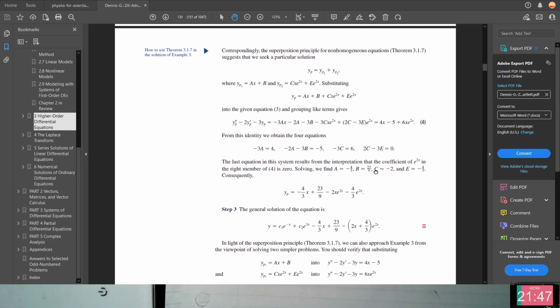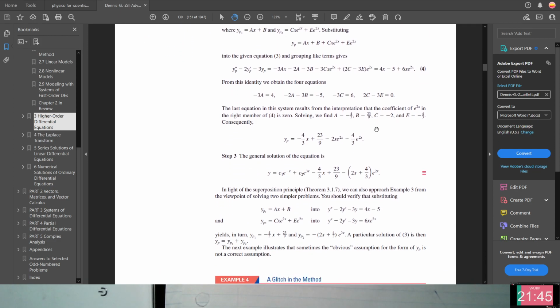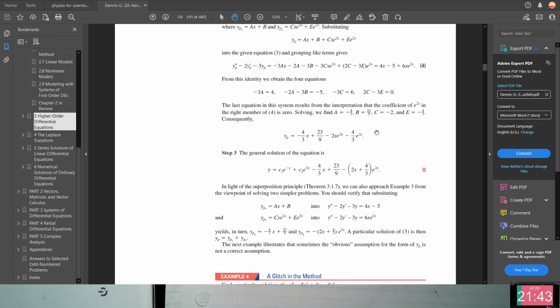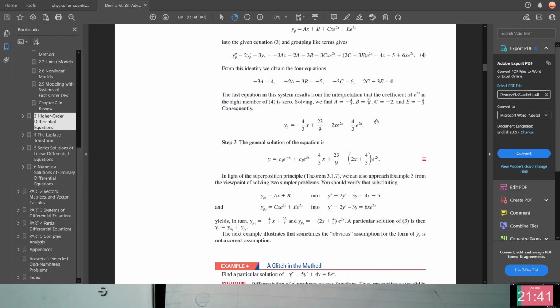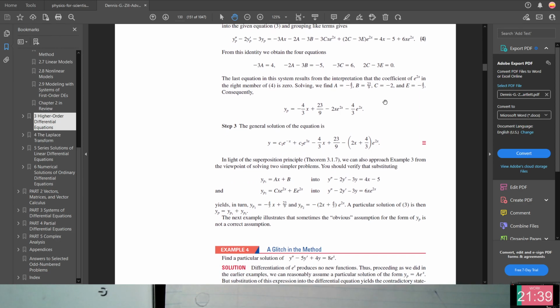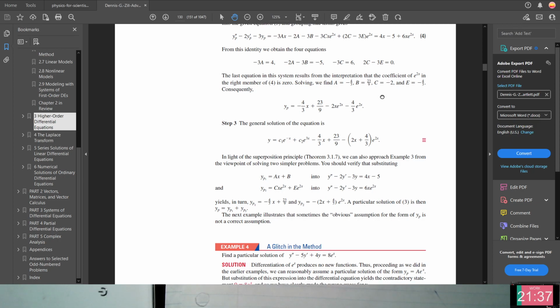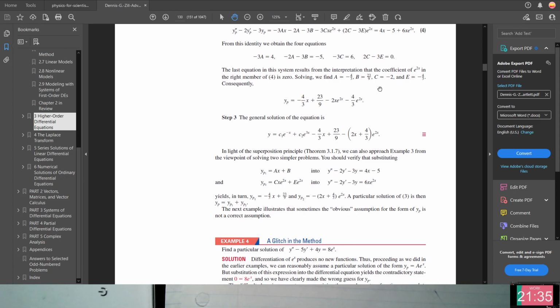Solving, we find A is negative, B equals 23 over something, C equals negative 2, and E equals negative 4. Consequently, y_p equals this expression.